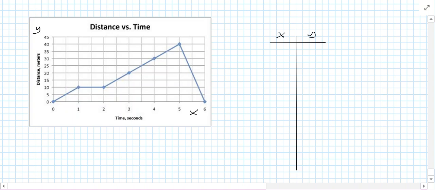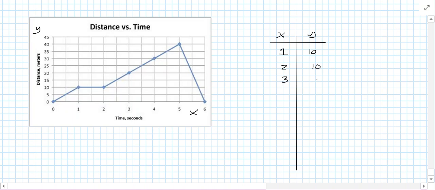So what we can do is we can see that, when x is 1, y is equal to 10. When x is 2, y is 10. Okay, when x is 3, y is 20.